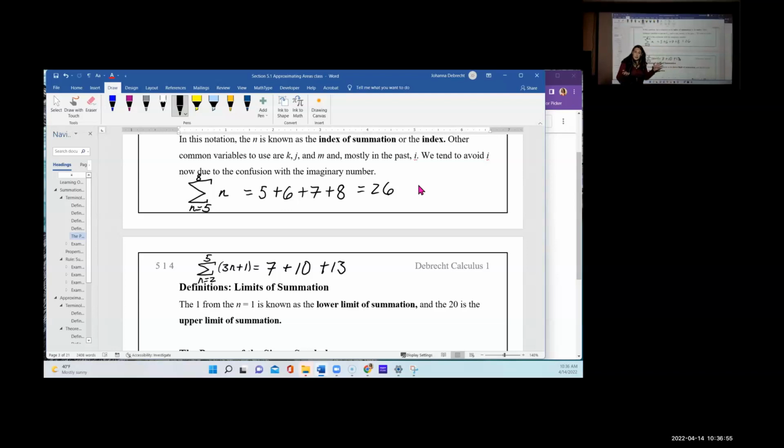So I'm expecting 16 for the next one. So when n equals 5, the upper limit of summation, I get 3 times 5, which is 15, plus 1 is 16. And then I add all of those values together, 7 plus 10 is 17, plus 13 is 30, plus 16, and I get 46. Right? And that's how sigma notation works.